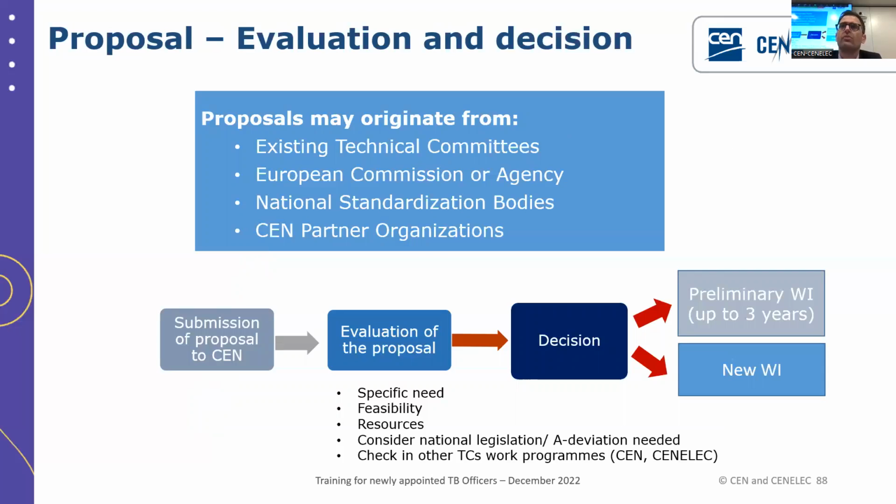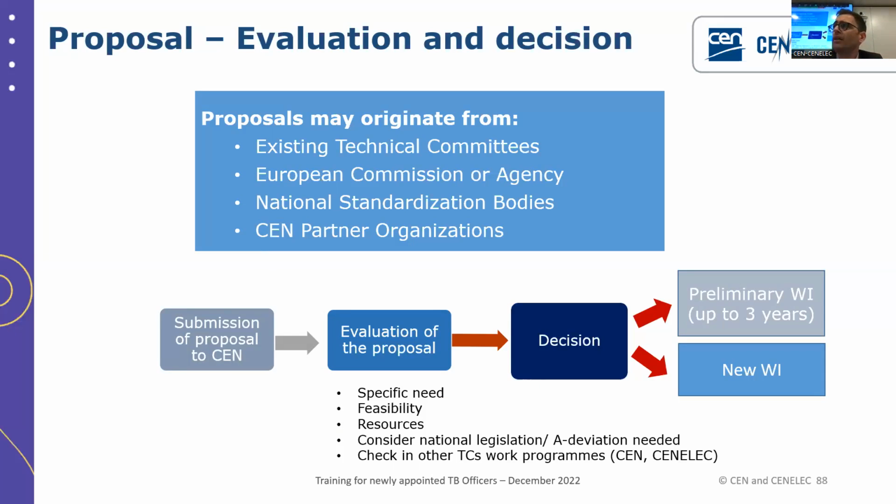So the proposals can really come from anywhere. I would say that the most typical origin of a proposal for a standard would be from an existing technical committee. It could come as well from the European Commission. As I said, the Commission may request a technical committee via a standardization request to develop harmonized standards.